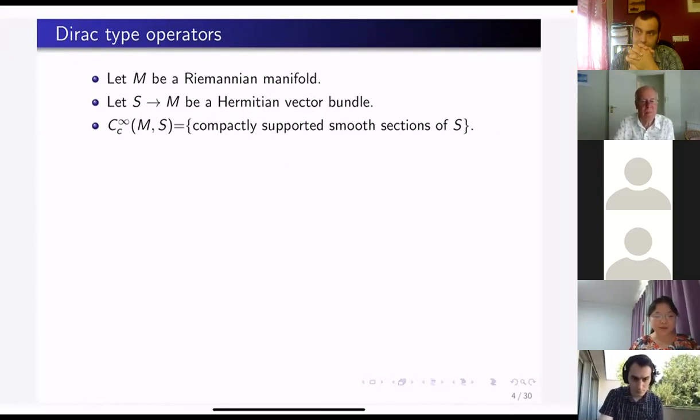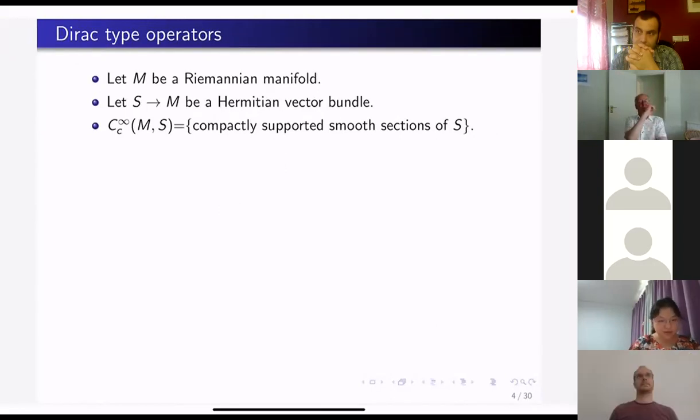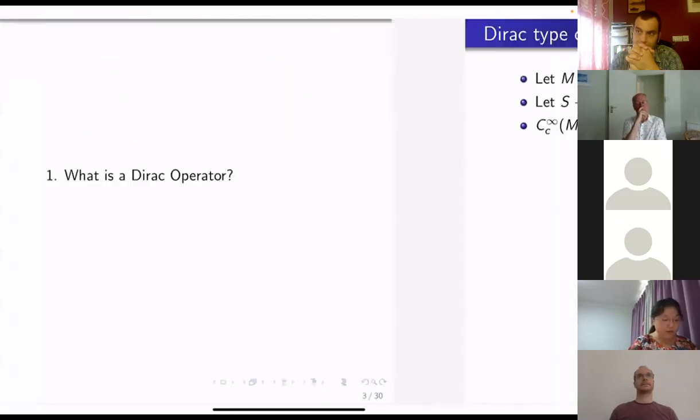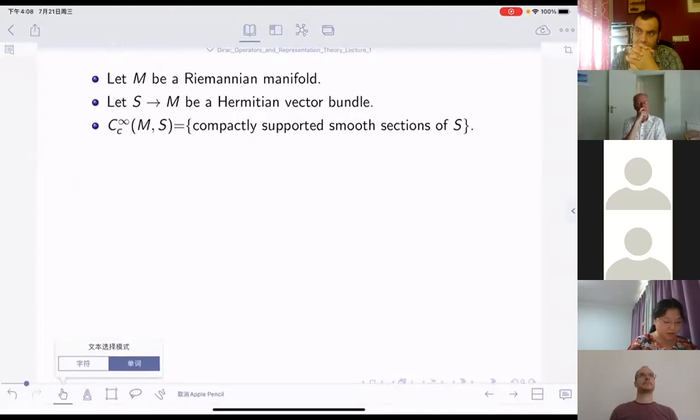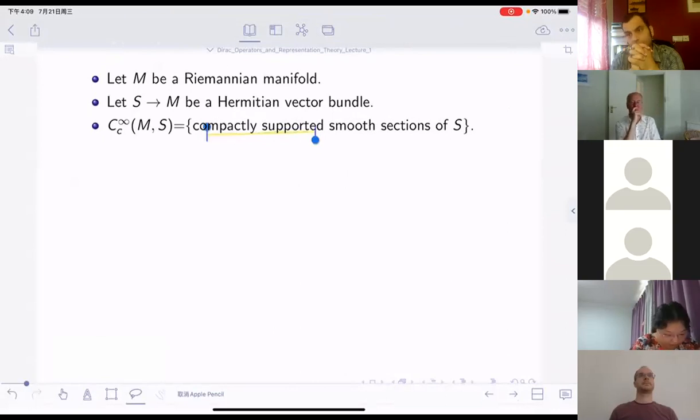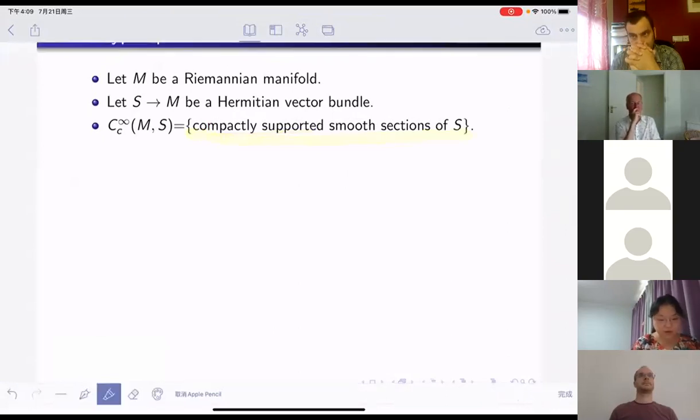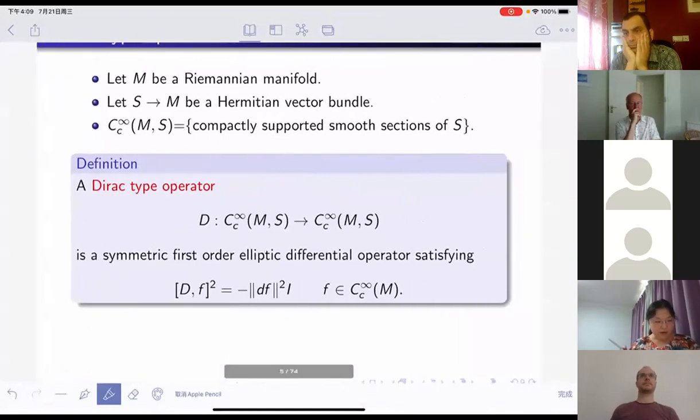And let us consider the set of compactly supported smooth functions, which is denoted by C infinity sub c of M. And the Dirac type operator is a symmetric first order elliptic differential operator satisfying the following identity.